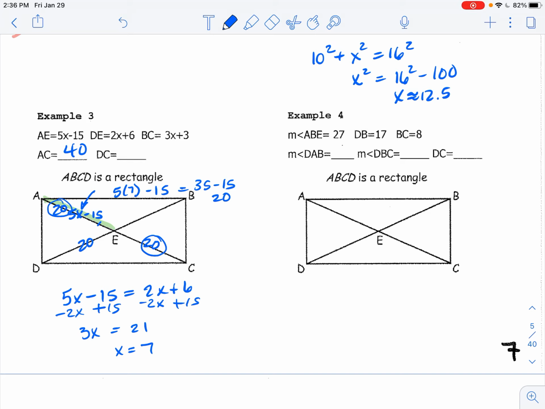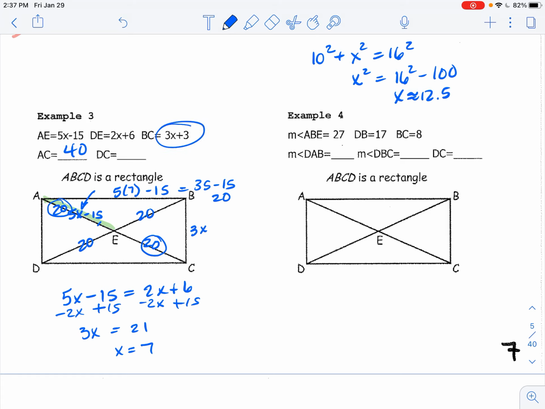And if I want to find out what DC is, let's see. Whoa. I've got a 40 on the diagonal. I'm going to need a little bit more help.